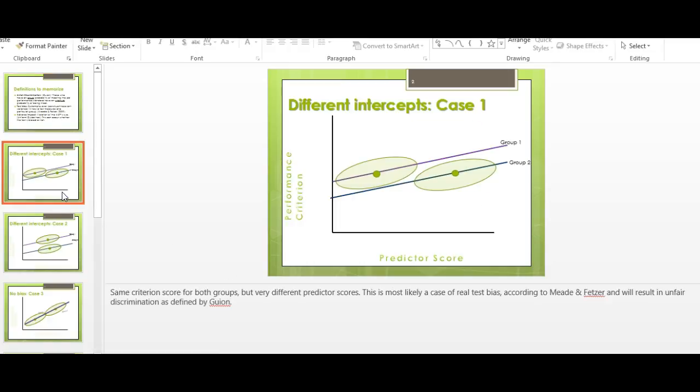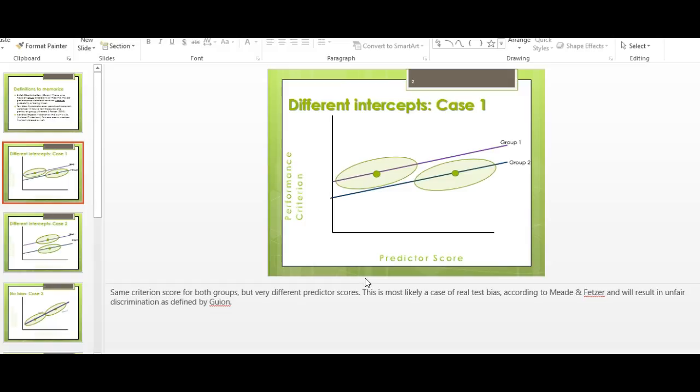Okay, so case one. This is the worst case according to Mead and Fetzer. And if Guion were around, he would agree, because we have a very large difference between the two groups on the predictor score, but on the criterion we have equal or nearly equal performance.